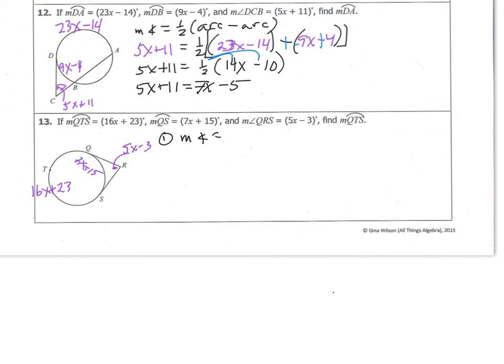So if I subtract 5x, I have 11 equals 2x minus 5. Add 5. Don't I get 16 equals 2x? Yeah. And then I get x is equal to 8. Does that answer the question? No. So this is step 1. Step 2.